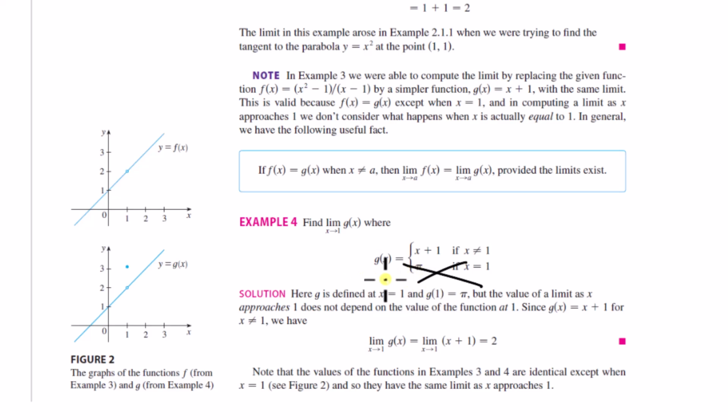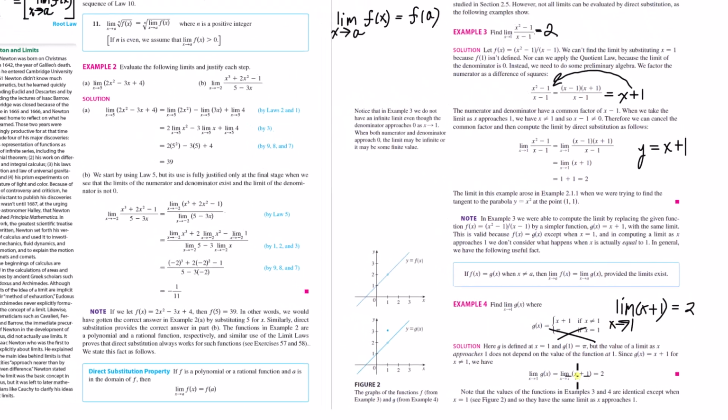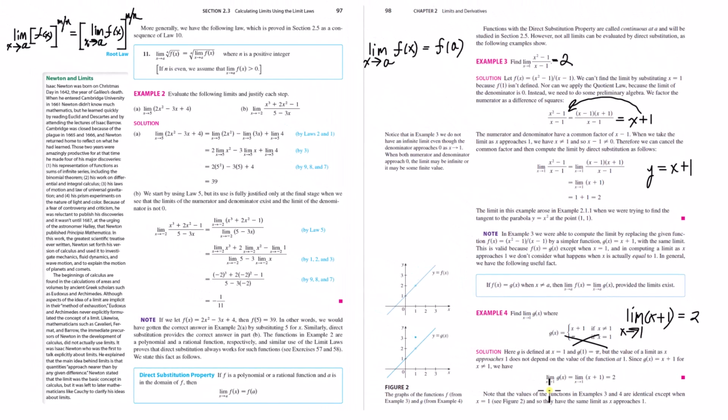What's happening at the limit value doesn't matter. So just to make things easier, let's just take the limit as x approaches 1 of just x plus 1 in general, the actual, fully continuous line, polynomial x plus 1. That's going to be equal to this limit. And okay, now the direct substitution property applies. Just plug in 1. You see?